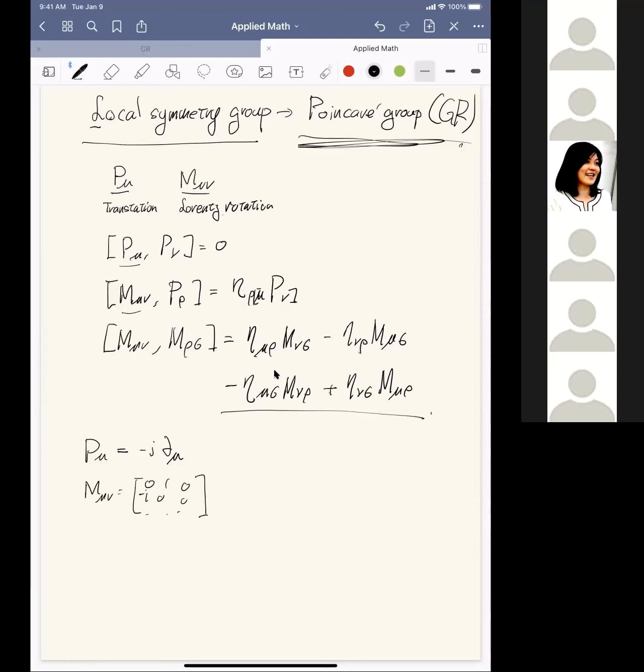If it's acting on a spinor, a spin 1/2 representation, then your M_mu nu is going to be written as the anti-symmetrization of gamma_mu gamma_nu with 1/2, where gamma_mu and gamma_nu satisfy what is known as the Clifford algebra. Okay. So these are, for example, the vector. So vectors transform under this Lorentz generator, while spinors transform under this generator, where this gamma_mu is going to be 4×4.